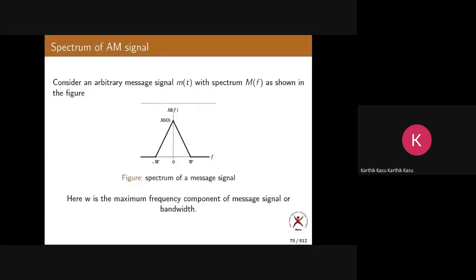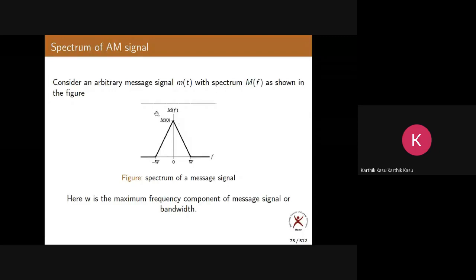Now consider an arbitrary message signal m(t) with a spectrum M(f). The Fourier transform of m(t) is capital M(f). I am assuming an arbitrary shape of the spectrum for my message signal.